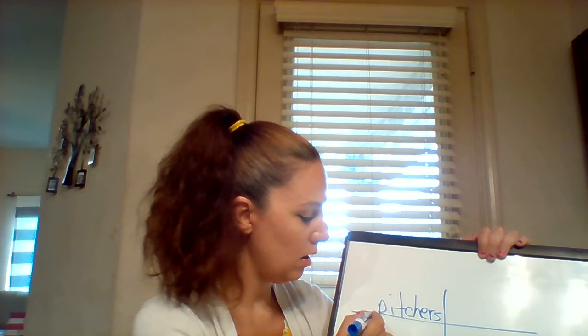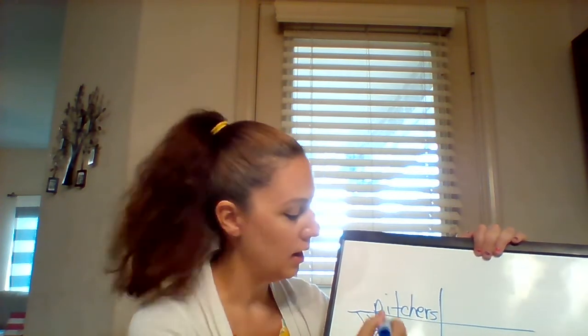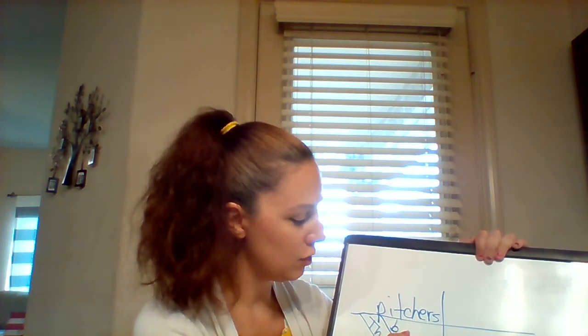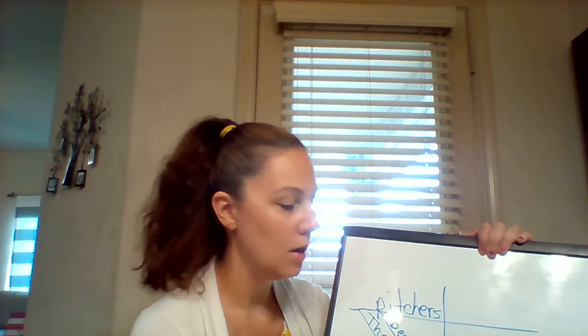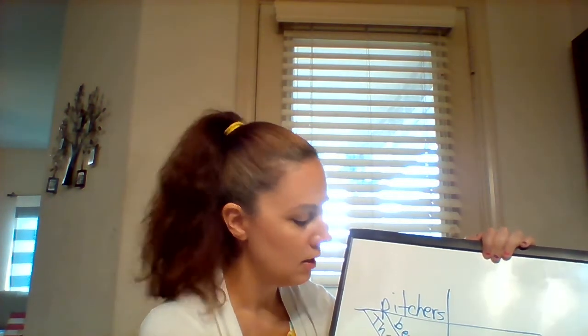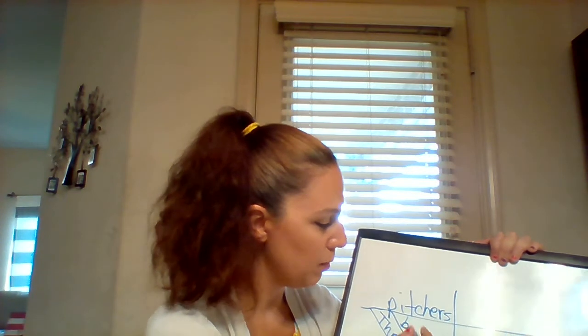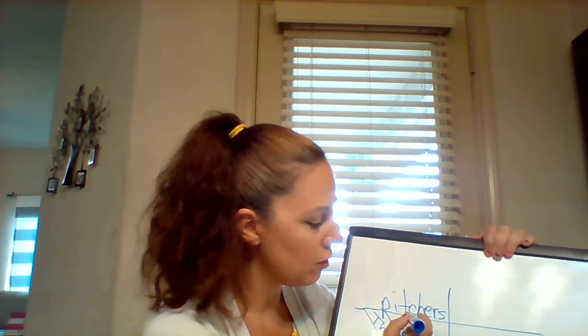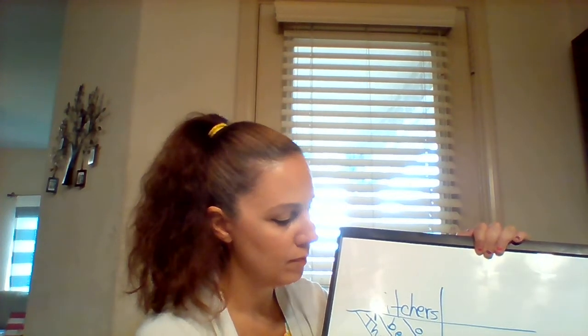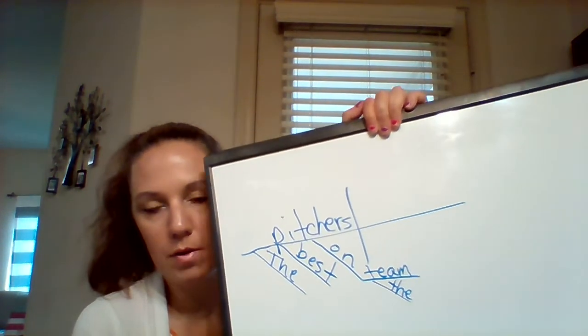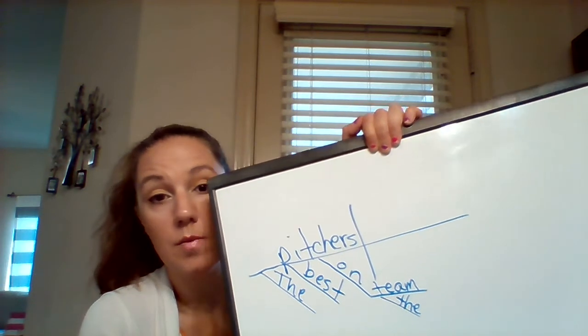I have the pitchers and I have best pitchers. Notice we also have on the team. So on the team is a prepositional phrase. I'm running out of space. I'm going to have to create some space. So prepositional phrase, on goes here, team is the object, and the is describing team.